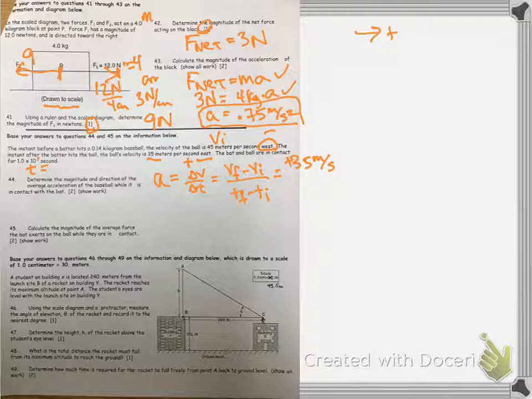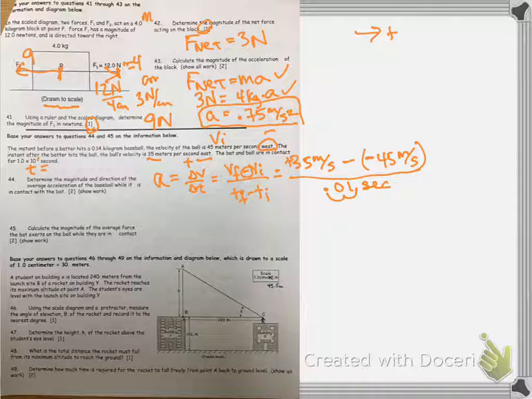That's where the plus comes in. V initial is, and this is just the minus from right here, 45 meters per second west, but west means negative. And our delta T is 0.01 seconds. That's what 1 times 10 to the negative 2 is. Move it 2 decimal spots.